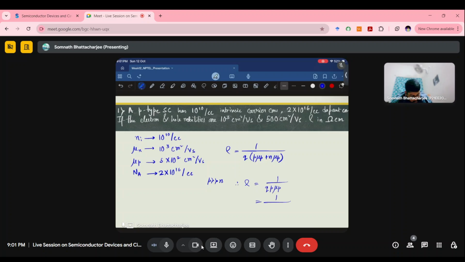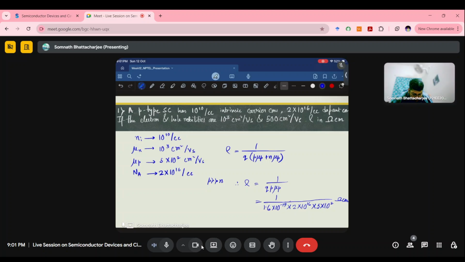So we can write 1.6 into 10 to the power of minus 19 multiplied by p, where the value of p is 2 into 10 to the power of 16, multiplied by mu p, which was 5 into 10 to the power of 2. This would come in ohm centimeter anyway. Let's put the values in here.